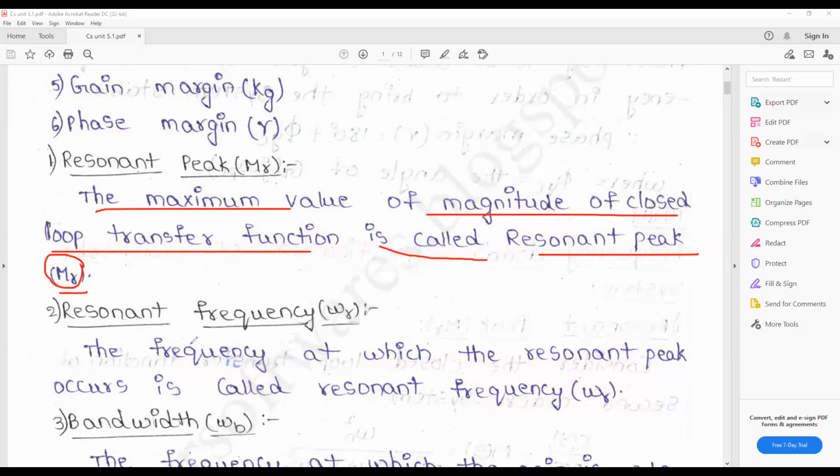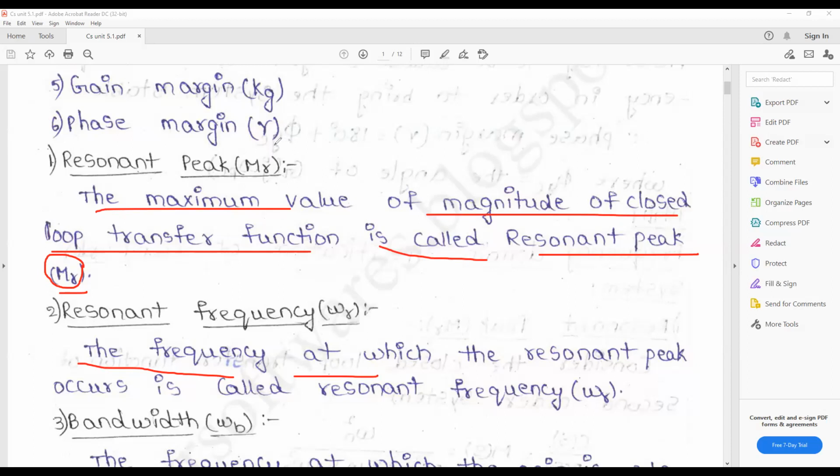And the resonant frequency means the frequency that occurs where this maximum value of magnitude comes, what do we call it? Resonant frequency. Resonant peak means the maximum value of magnitude of closed loop transfer function.